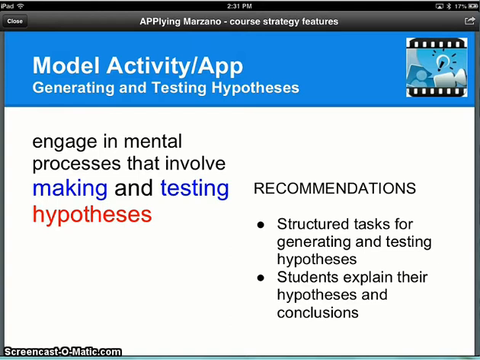the mental processes, the metacognition that goes with this, that as students are generating questions, generating predictions, testing those predictions, this is all good learning about learning.